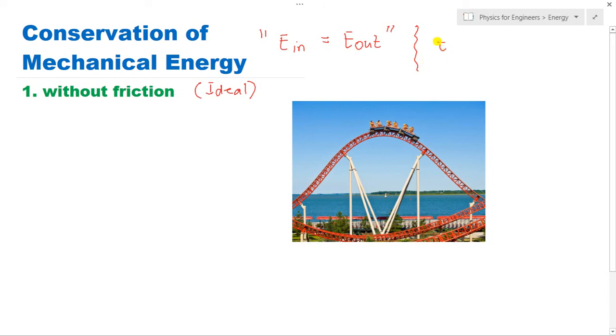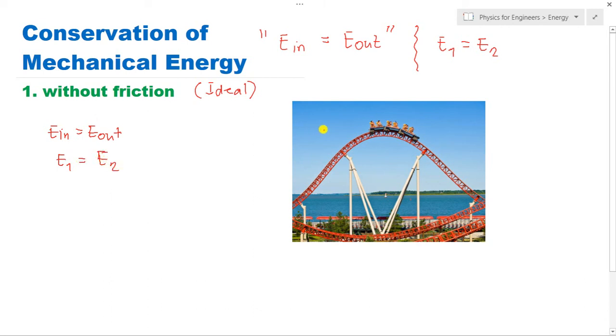So we can also say that the energy at state 1 is equal to the energy at state 2, because if there are some activities that will happen, meaning the state changes, the energy from one state to the other is just the same. That's why we have energy 1 equals energy at state 2. So in conservation of mechanical energy without considering friction, this is just energy in equals energy out, or in terms of state, the energy at the first state is equal to the energy at the second state.